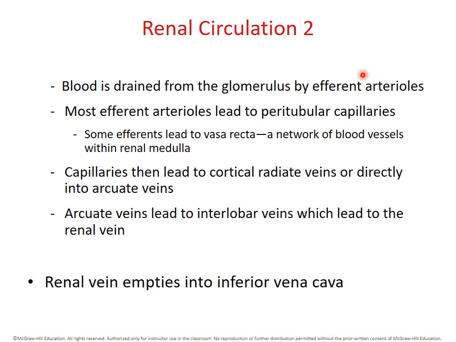What that does is that imbalance between afferent and efferent arteriole means that more blood can enter the glomerulus than can exit it. What that does is it causes a buildup of back pressure. And so this is one of the primary reasons why the blood pressure in the glomerulus is higher than it is in other capillary beds.